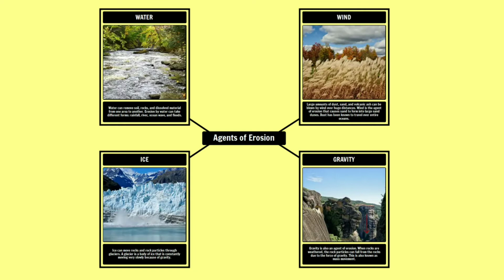All these are the natural agents of erosion. These natural agents carry out these processes. The surface is being lowered by the process of erosion and rebuilt by the process of deposition.